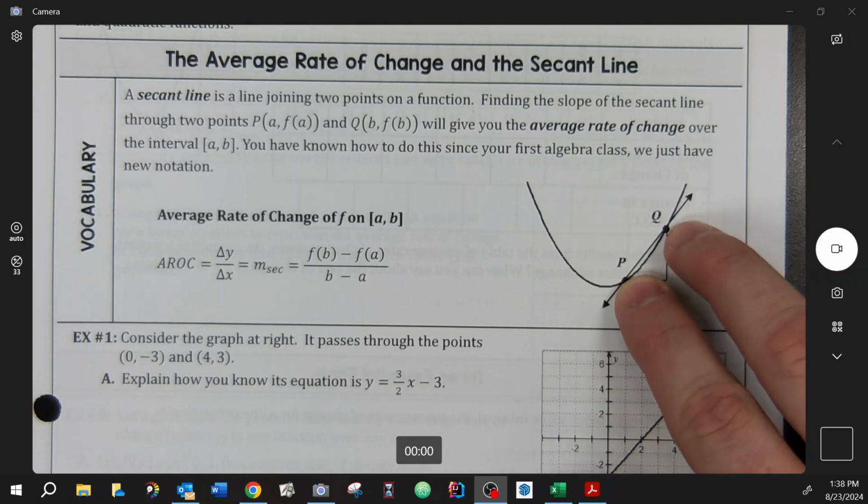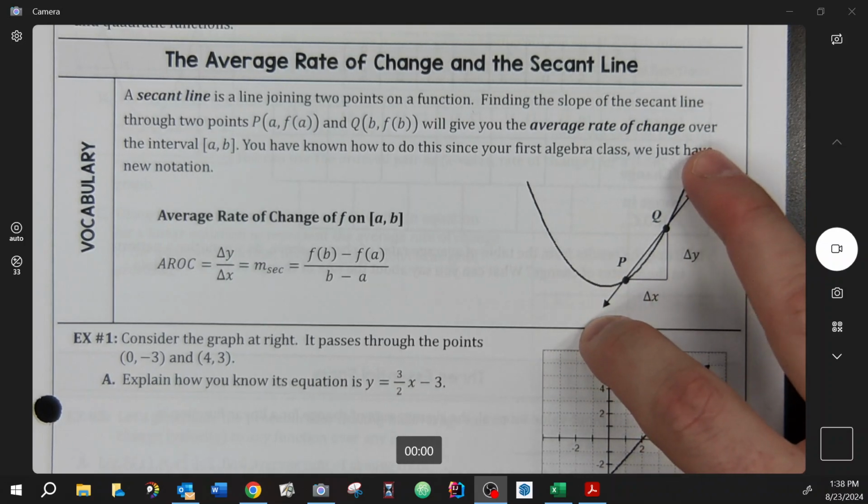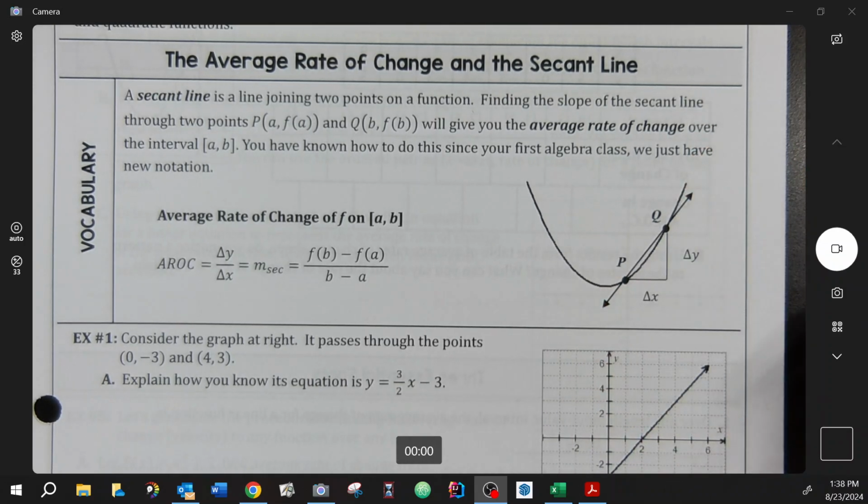Well, if we connect those 2 points with a straight line, that is a secant line. And the average rate of change between those 2 points on the curve is the slope of the secant line. So it's not even new, it's just using new words to talk about the same thing we've been talking about.